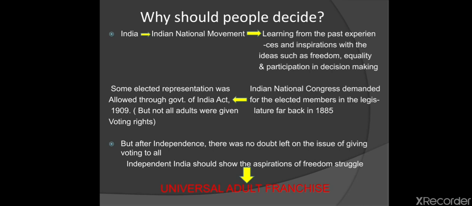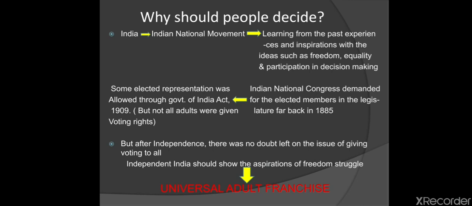Still, not all the people were given the voting rights, only some, like maybe a student union leader or a trade union leader. Only some special persons were given voting rights, not all.